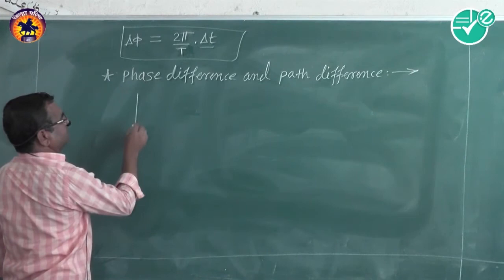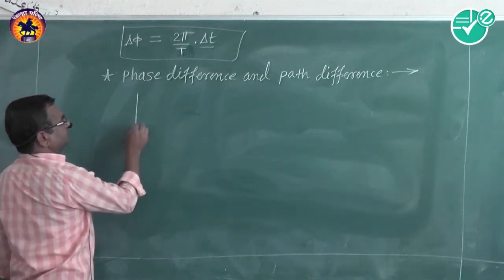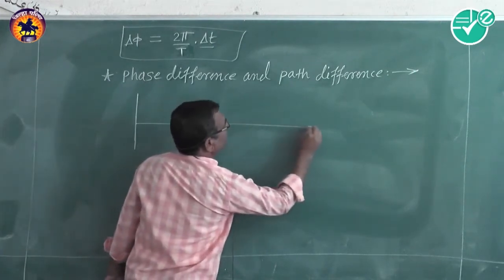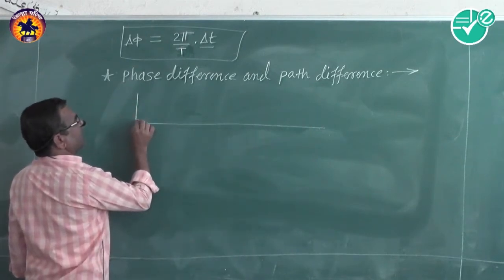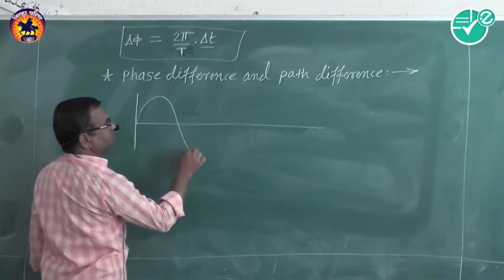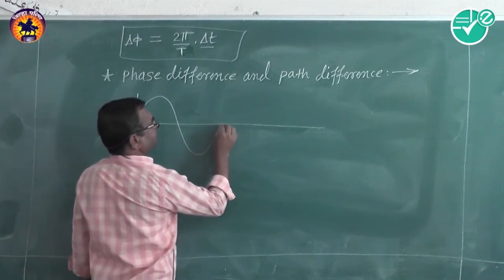We draw the diagram for a wave which is traveling along the positive direction of the x-axis.